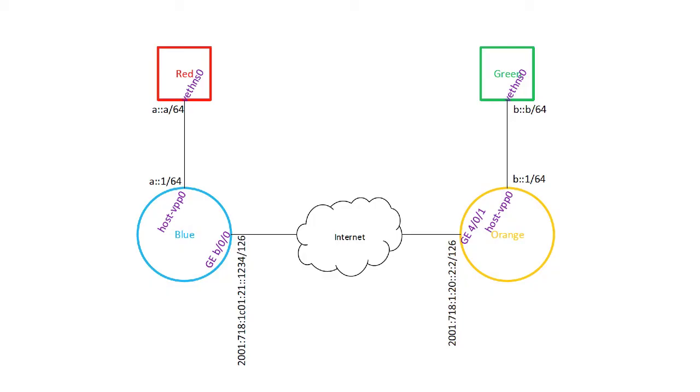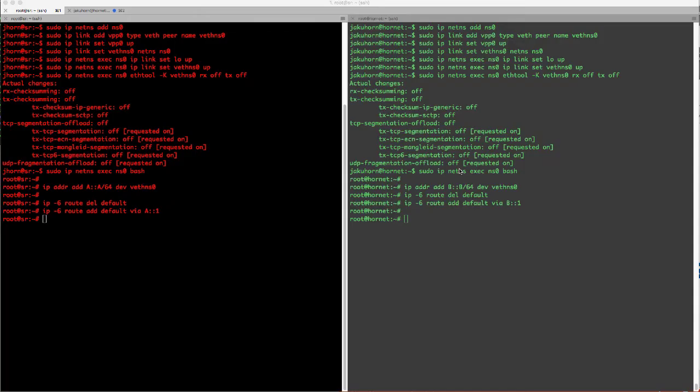So our topology now is the following. We have two routers, blue and orange, and we have two hosts, red and green. We have proper addressing everywhere and proper simple static routing to ensure connectivity. So here is how the routing table looks like on each container.